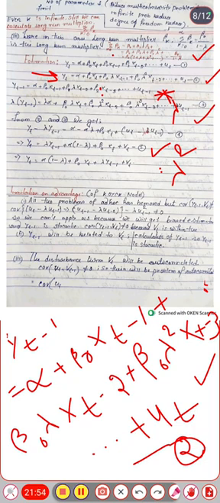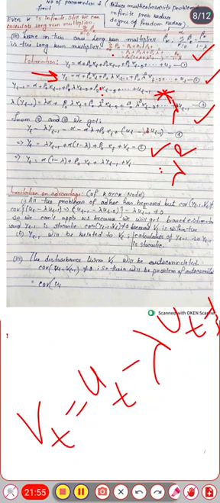So we can represent it as yt equal to alpha 1 minus lambda plus beta naught xt plus lambda yt minus 1 plus vt.